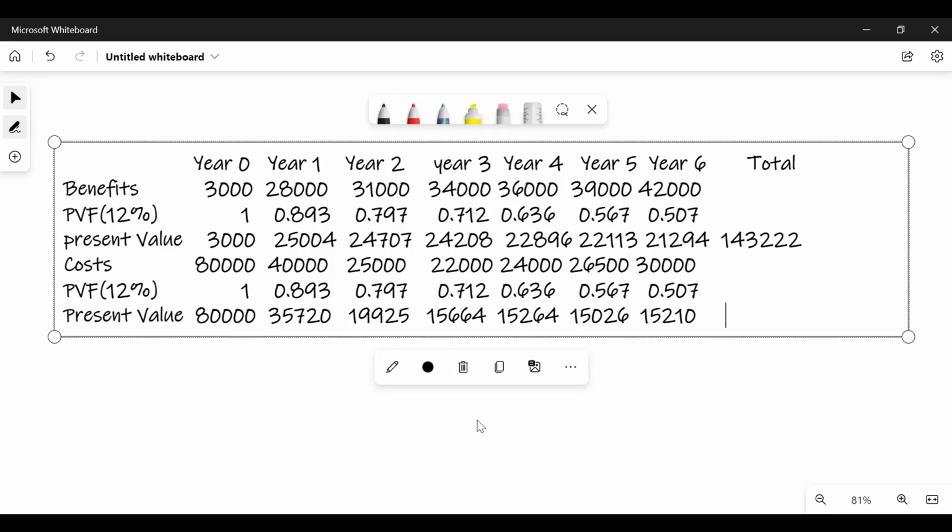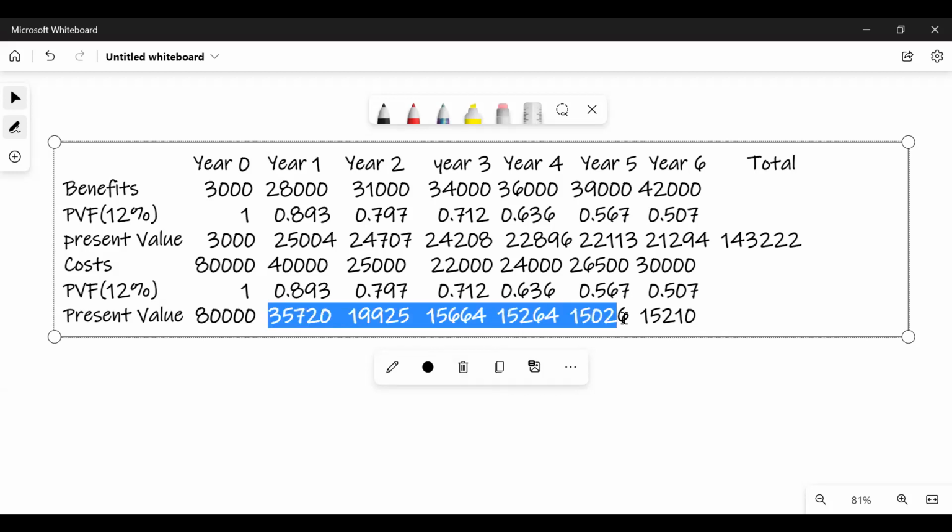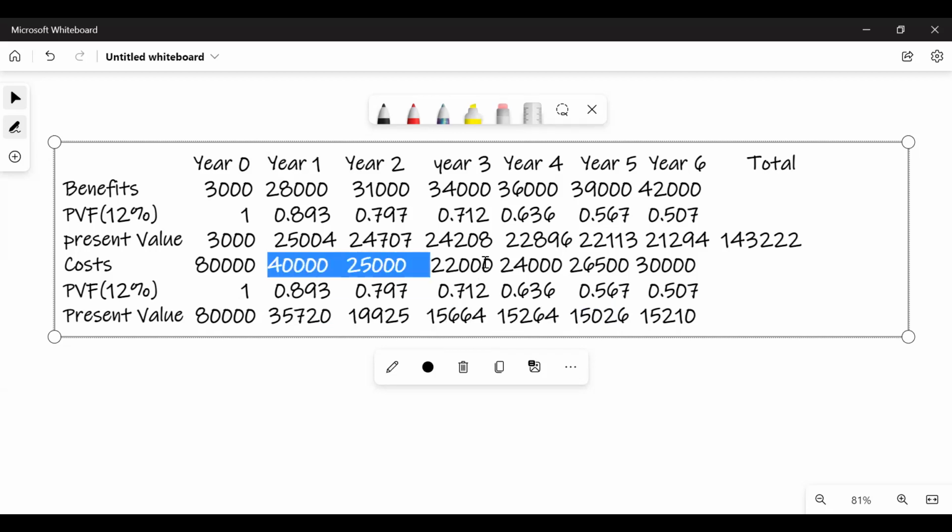No, I think I made a mistake. Excuse me, the benefit we considered was for project A, but the costs we took were for project B values. So this is wrong. It should be 60,000.